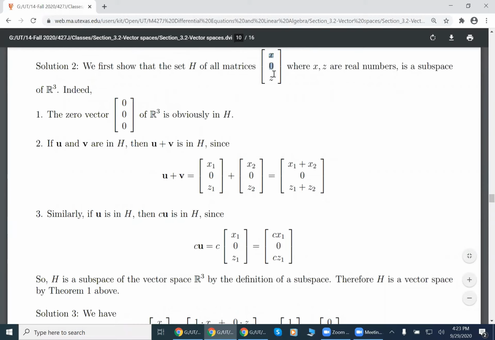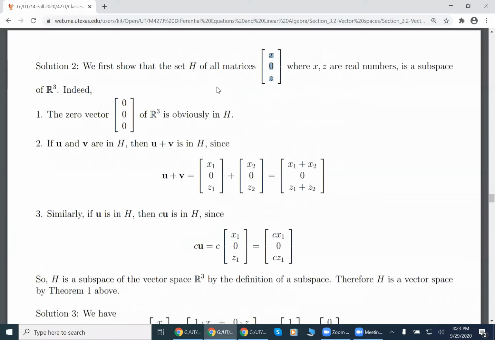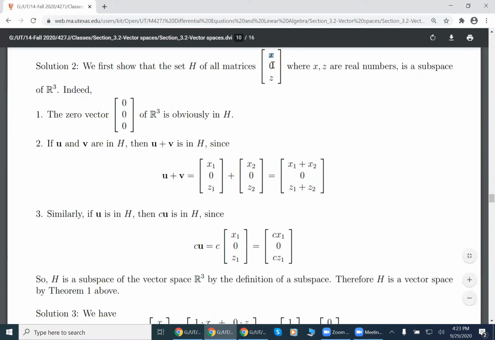Observe that the set of all such matrices is a subset of R3, and R3 is a vector space. Now, 0 is from this set.